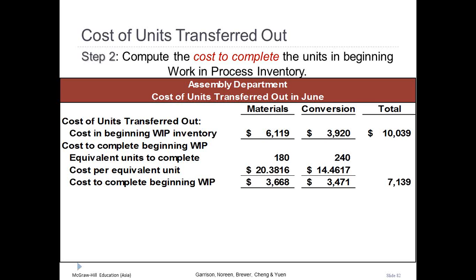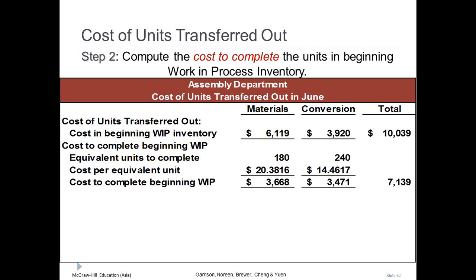The second component of the computation is to compute the cost to complete the units in beginning work in process inventory. Start by recording the equivalent units of production required to complete the units in beginning inventory, 180 units for materials and 240 units for conversion.